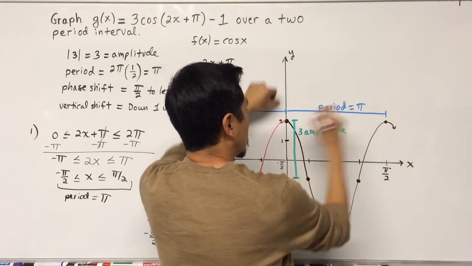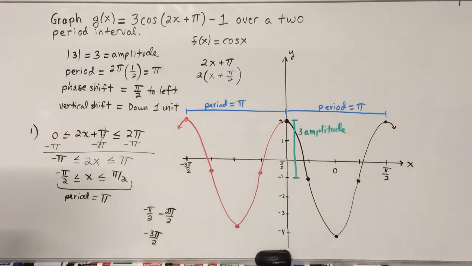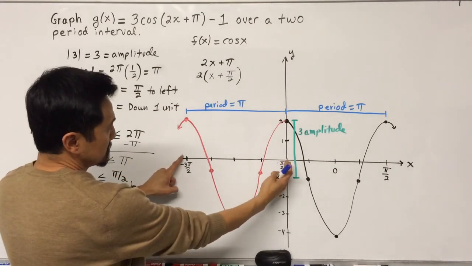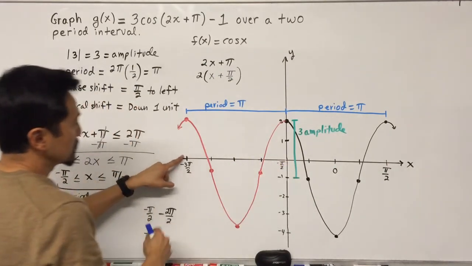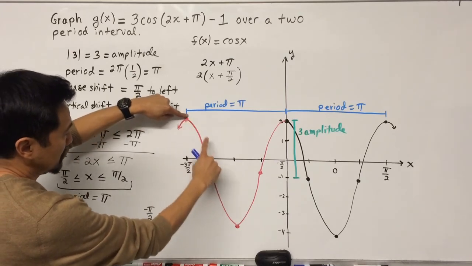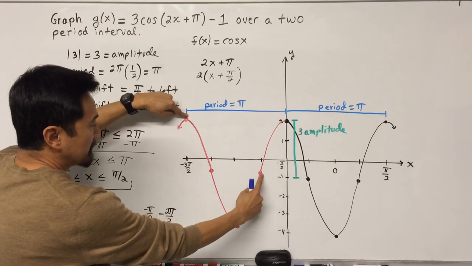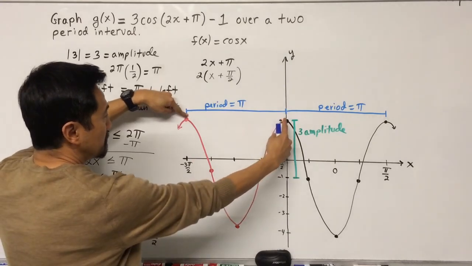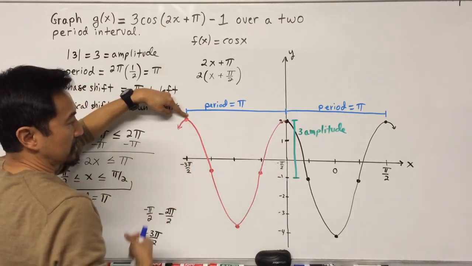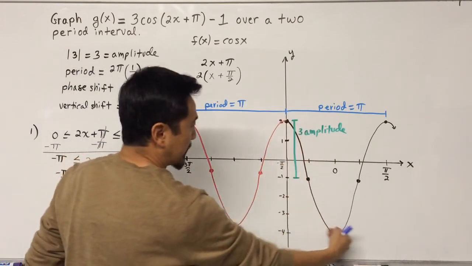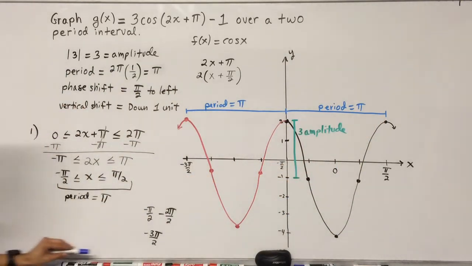So on that full period, the function is going through one full cycle. It goes from maximum to middle to minimum, back to middle, and then returns back to the maximum where we said it started. And the same is true on that black portion right there of the curve.